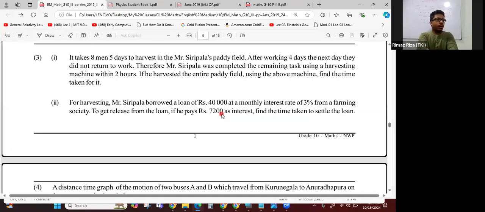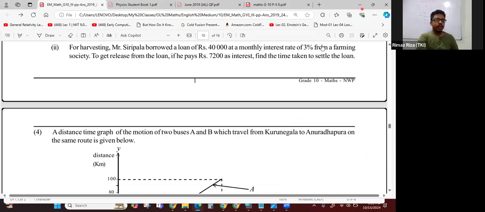For harvesting, Mr. Siripala borrowed a loan of 40,000 at a monthly interest rate of 3% from a farming society. To get released from the loan, if he pays 7,200 as interest, find the time taken to settle the loan. Okay.